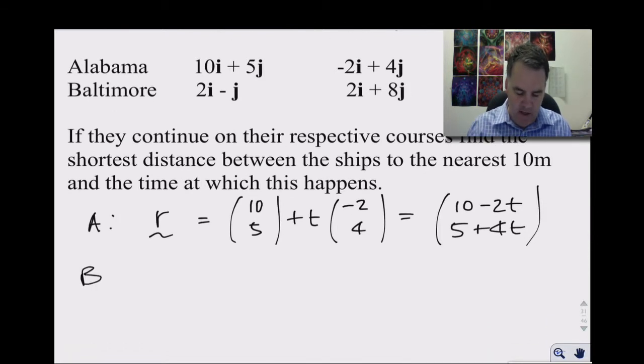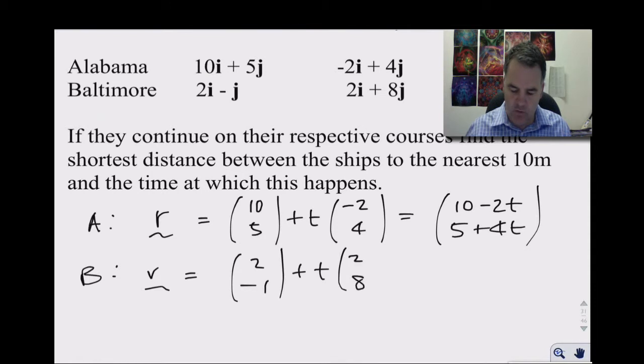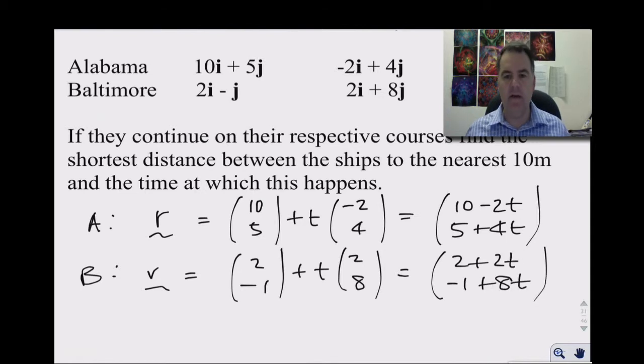Okay, let's look at ship B. We've got starting at 2, -1 and it's going at 2, 8. So in general we've got 2 plus 2t and -1 plus 8t. Cool. Easy?